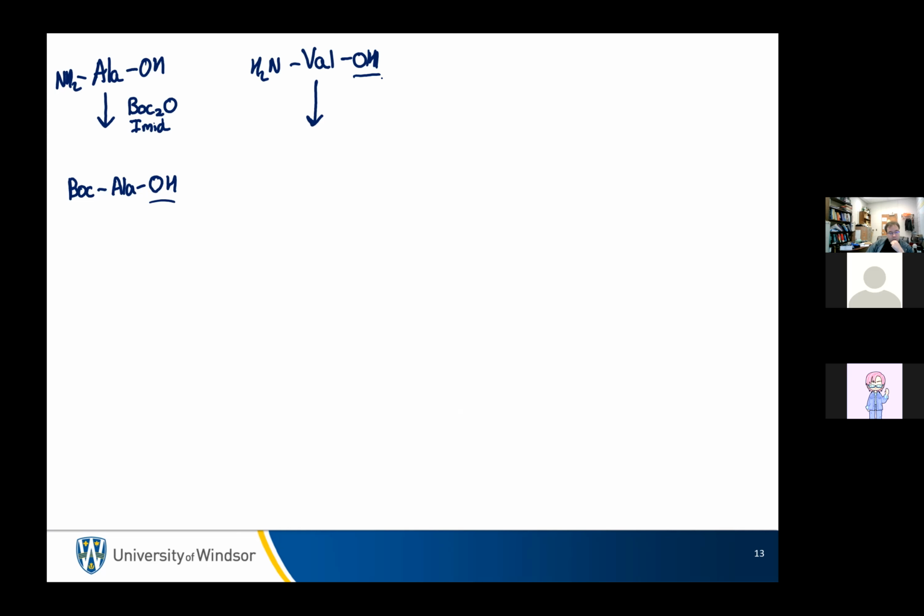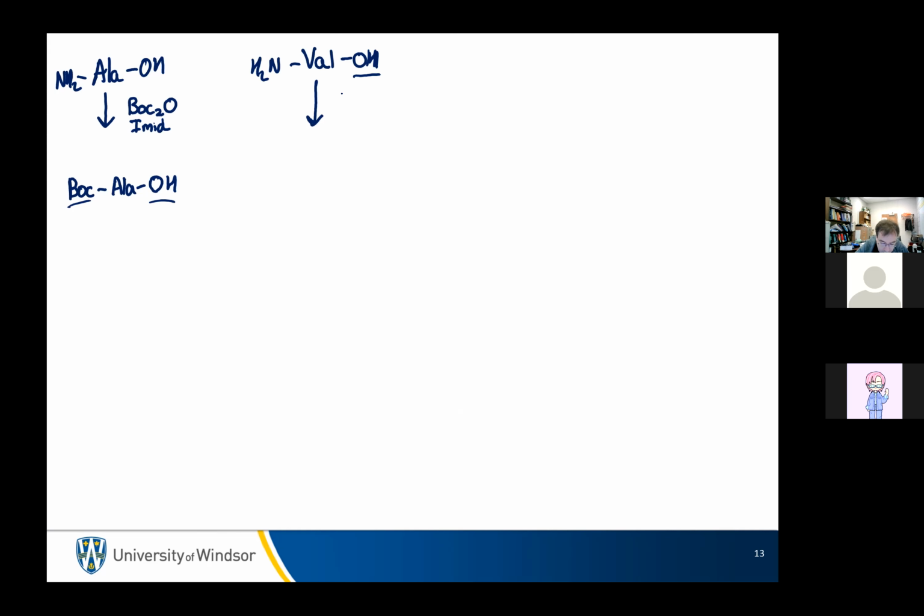Tert-butyl? I'm going to say no, you don't, because the way you take off tert-butyl is the same way you take off Boc. So let's not do what I mentioned. Let's use either methyl or benzyl. Let's use the benzyl ester.